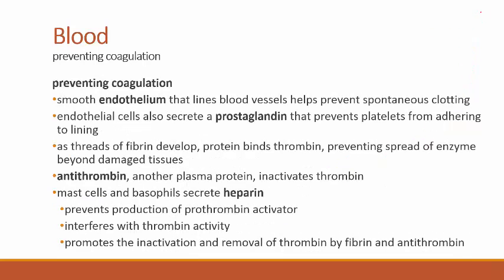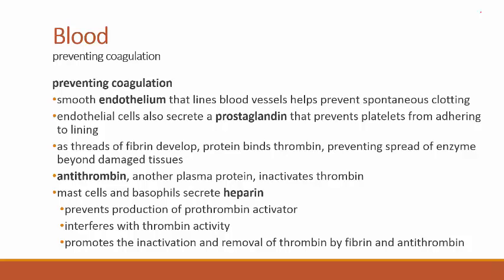Okay, so last thing before we end the video is to talk about how we prevent coagulation. So the smoothness of the endothelial lining of the blood vessels is one thing that helps to prevent spontaneous clotting.